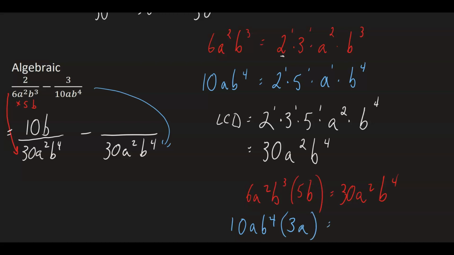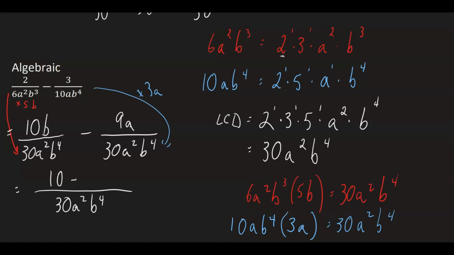Okay, so 10 times 3 will get us 30, a times a gets us a squared, and b to the 4. All right, so we have to multiply by 3a. 3 times 3a is 9a. And so our result is over 30a squared b to the 4, 10b minus 9a. And those are not like terms, so we cannot go any further.